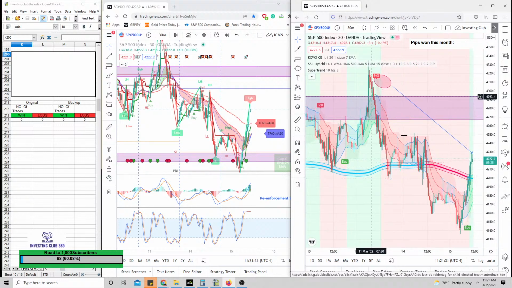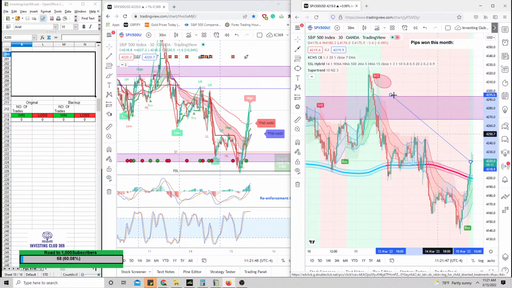Here, since we're on a downtrend, I believe that it still hasn't broken that temporary downtrend. Let's draw a line and see.